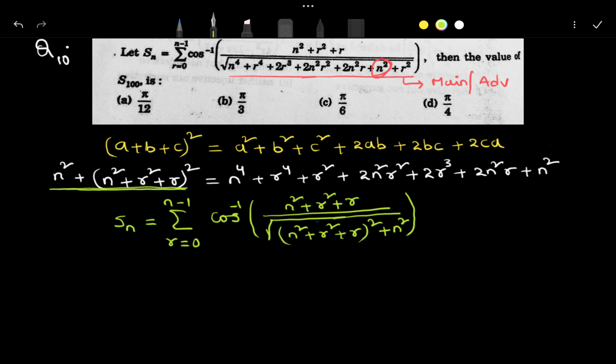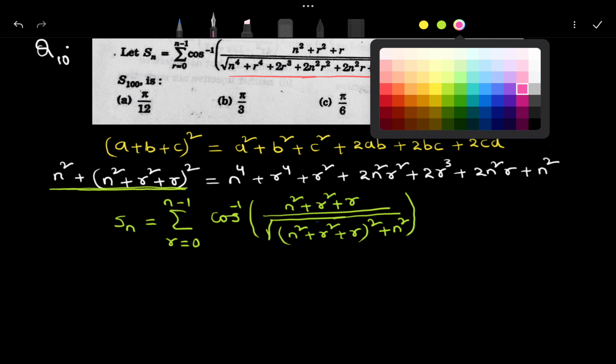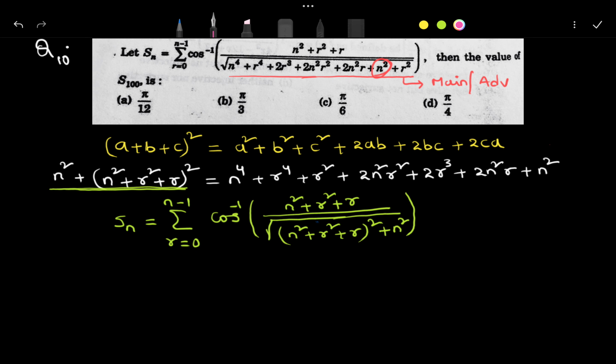Now you see, for our convenience I will take n² + r² + r as t.